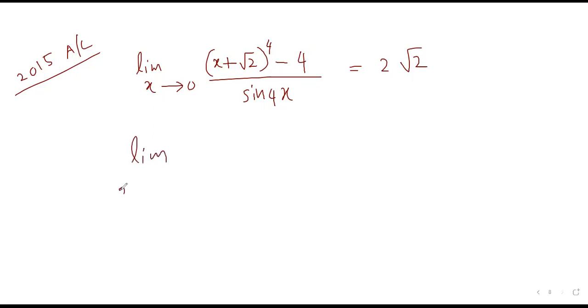x plus root 2 is going to root 2 because x is 0, no? This arrow is also like an equality sign, right?